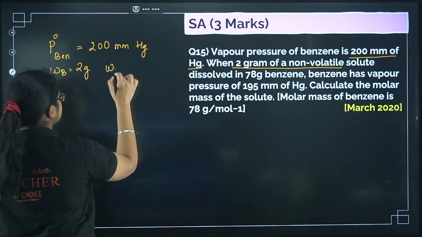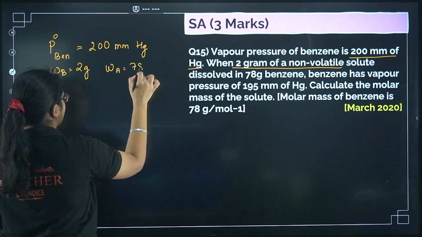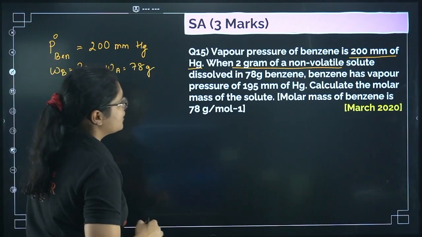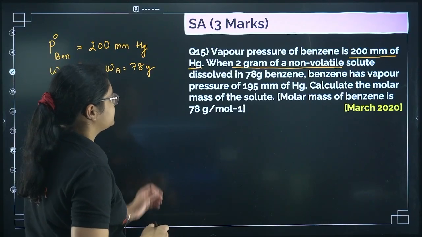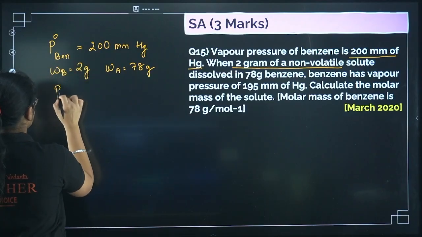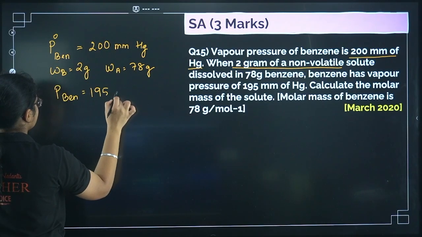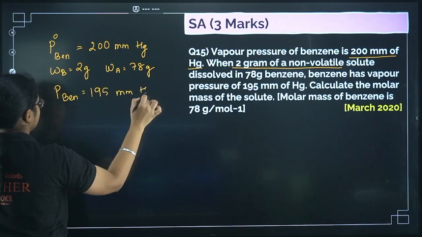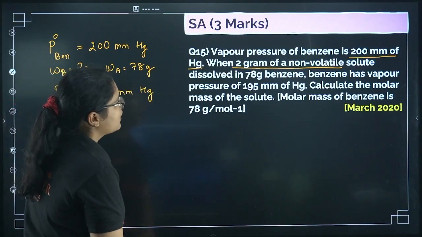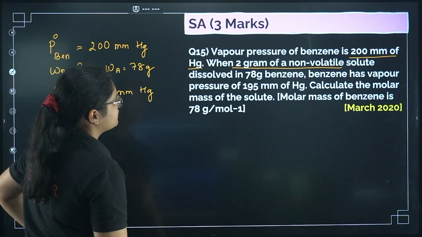So what is the mass of the solvent? 78 gram of benzene. The vapor pressure is now 195. So what is the new vapor pressure of benzene? 195 mm Hg.